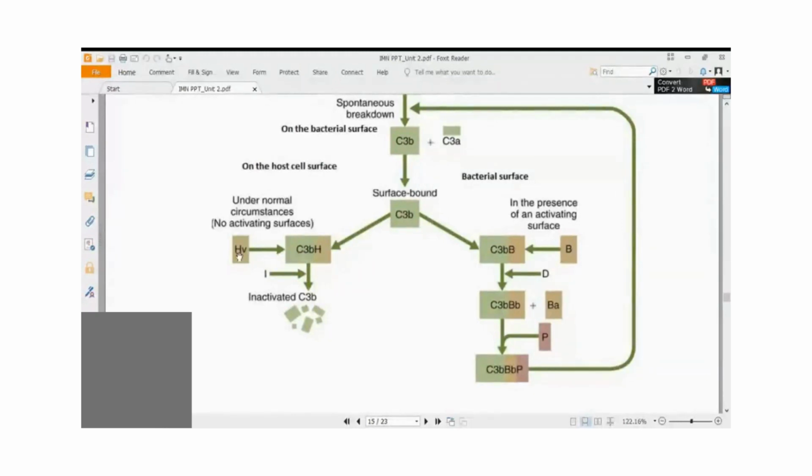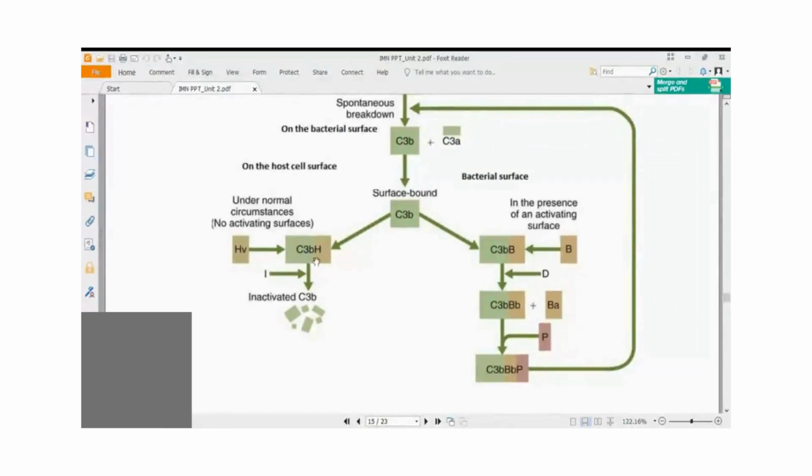The decay accelerating factor, that is H, is capable of splitting C3b when it forms a complex with B. Remember, C3b, when it binds to the host cell membrane surface, can also bind to factor B. But the moment factor B comes and binds there, factor H, which is there in the host plasma, will split that factor.